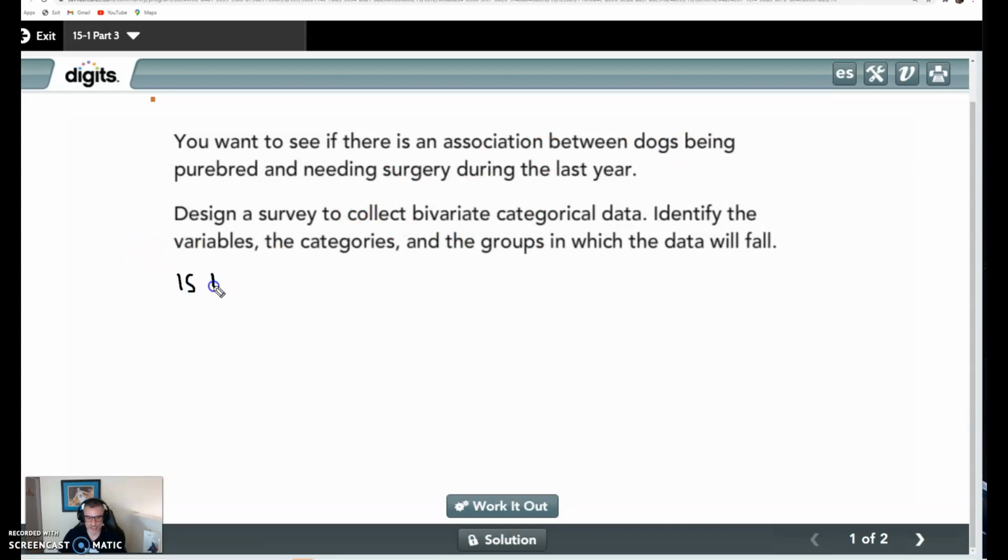So I'm just going to write doggo purebred, right? And your answer to that would be yes or no, all right? So that's definitely a category, right? You would say yes or no. So again, the variable is purebred, category is yes or no. And then the second question would be, did the dog need surgery?